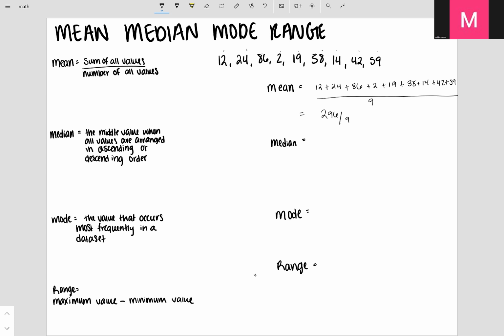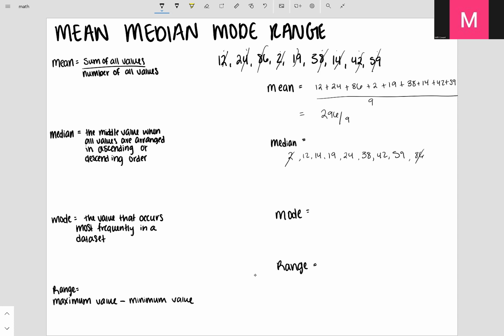And the median, so now we have to arrange them in order. So we'll start with 2, then 12, 14, 19, 24, 38, 42, 59, and 86.